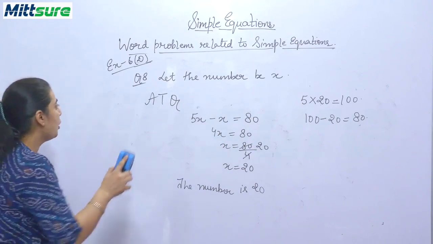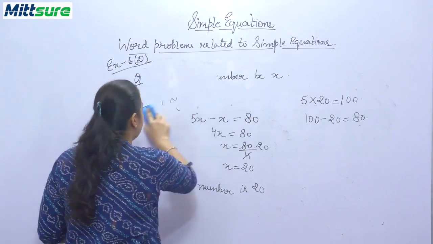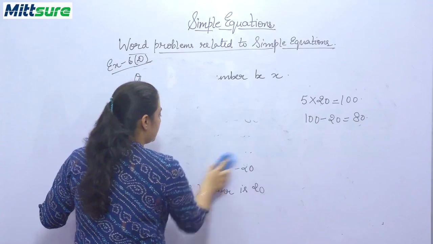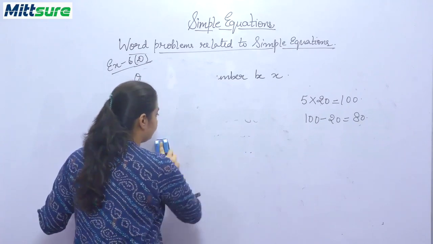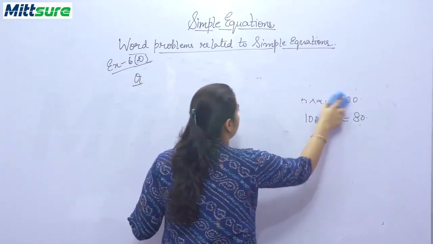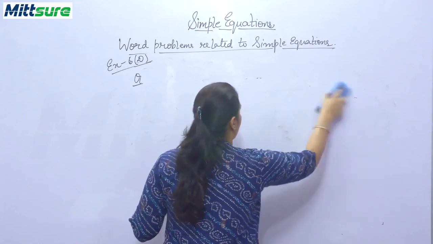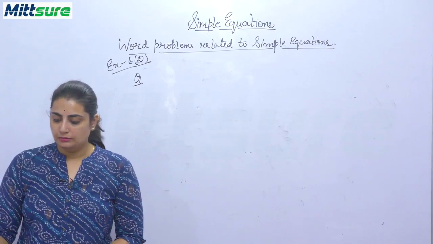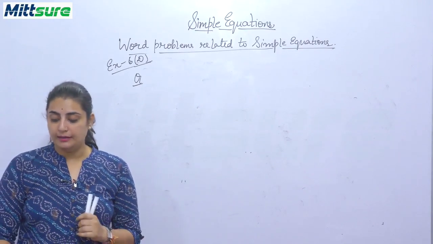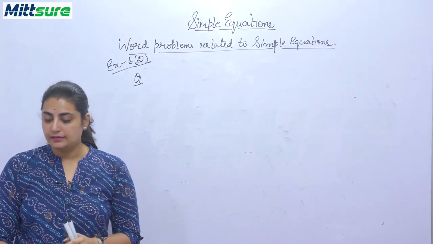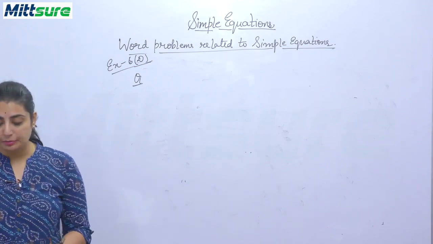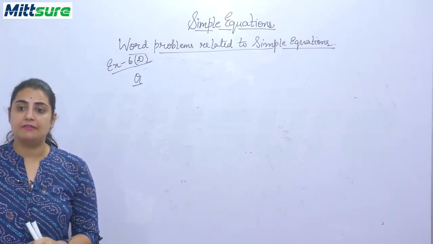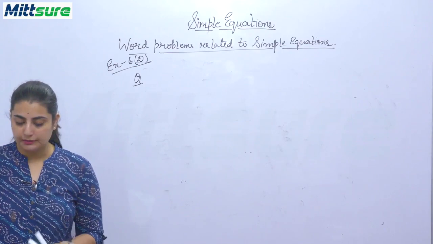Now let us talk about question number 9. Find a number: when you multiply a number by 6 and subtract 5 from the product, you get 7. What is the number that you have to find?